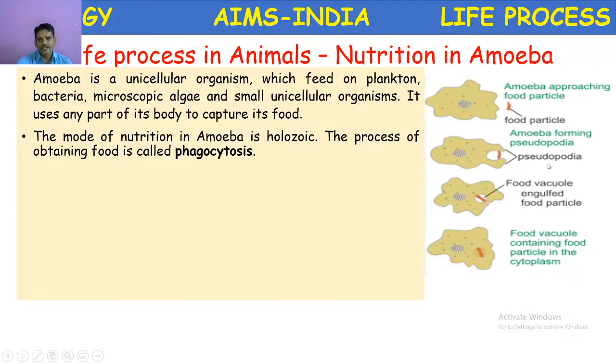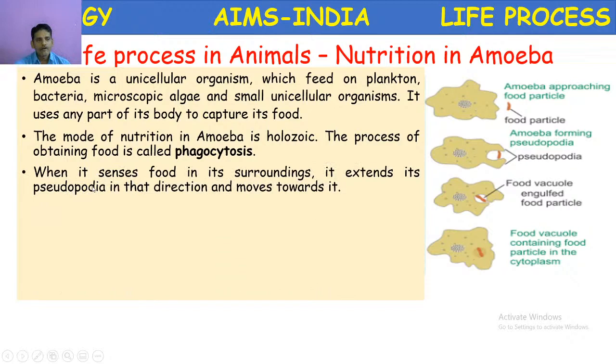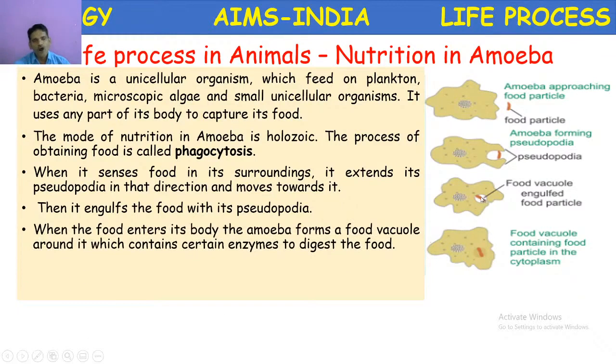Here in the image it is clearly shown. When it senses food in its surroundings, it extends its pseudopodia in that direction and moves towards it like this. After extending pseudopodia, it engulfs the food and forms a food vacuole around it.